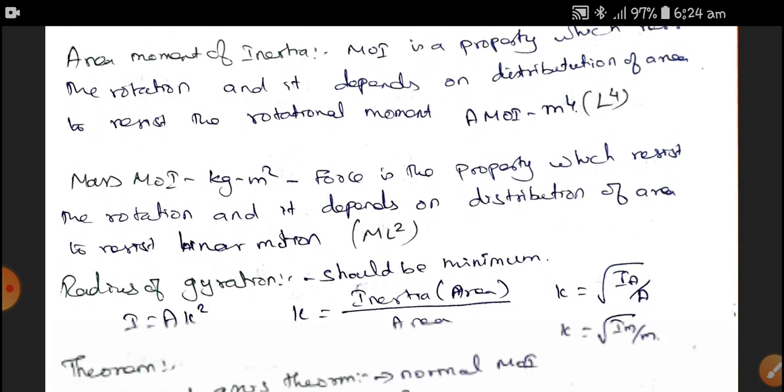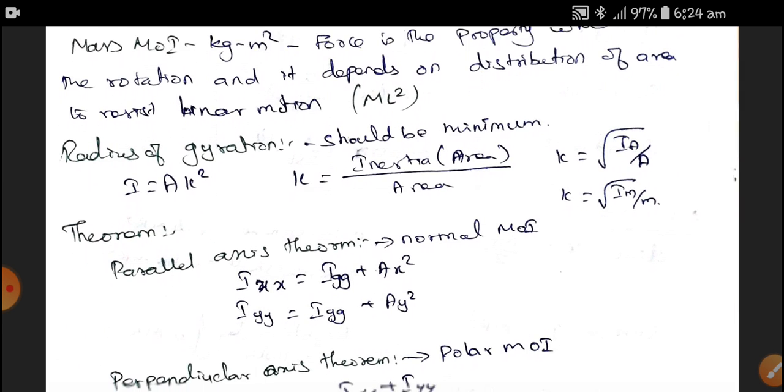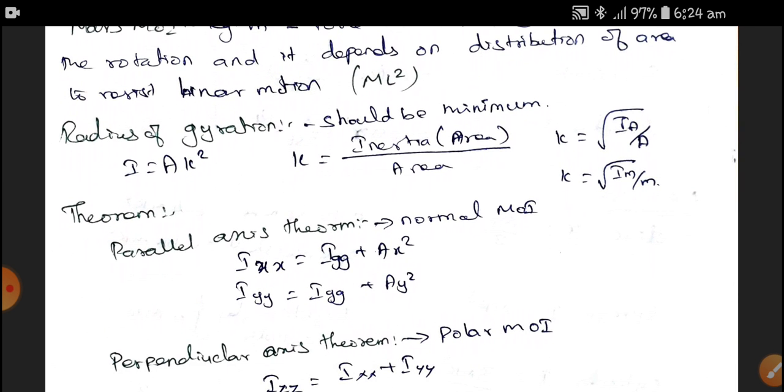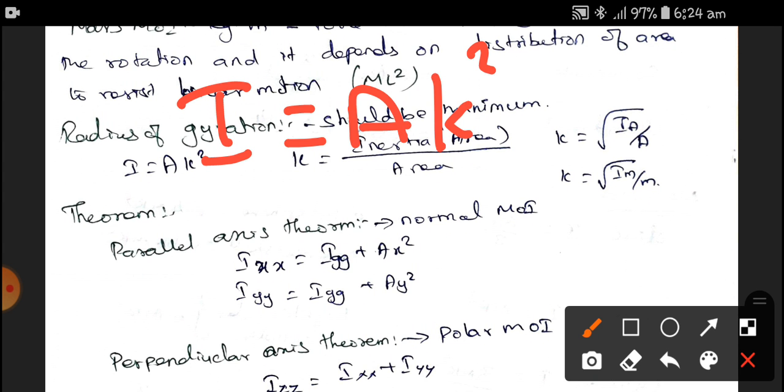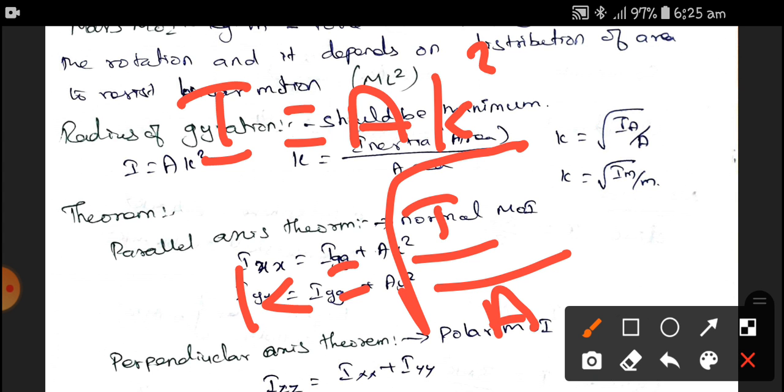And the next important concept is the radius of gyration. Whenever we are talking about moment of inertia, this radius of gyration comes into the picture, because the relation is I equals A into k square. So k is equal to the square root of I by A. This k should always be minimum.